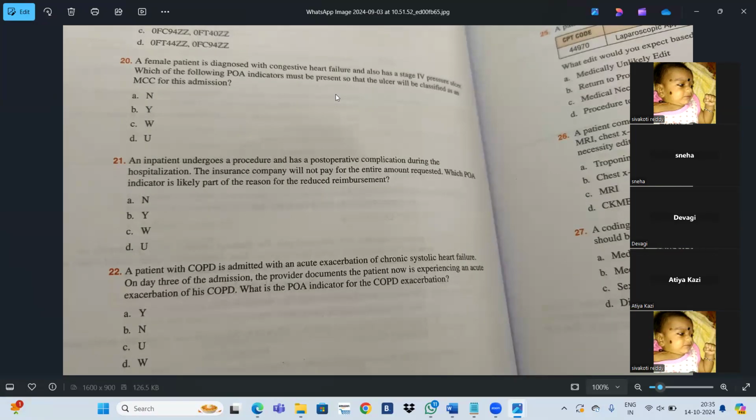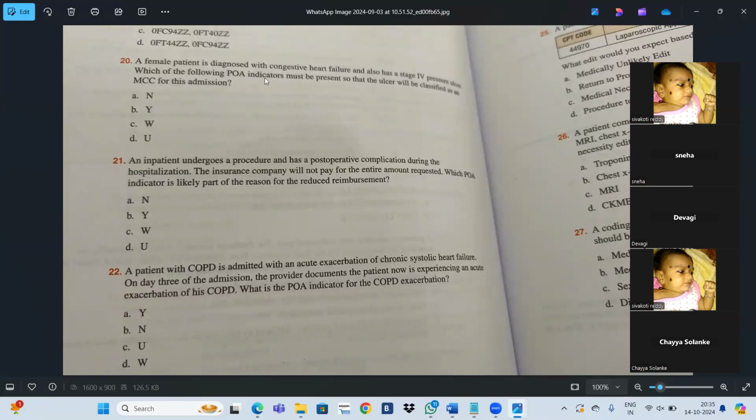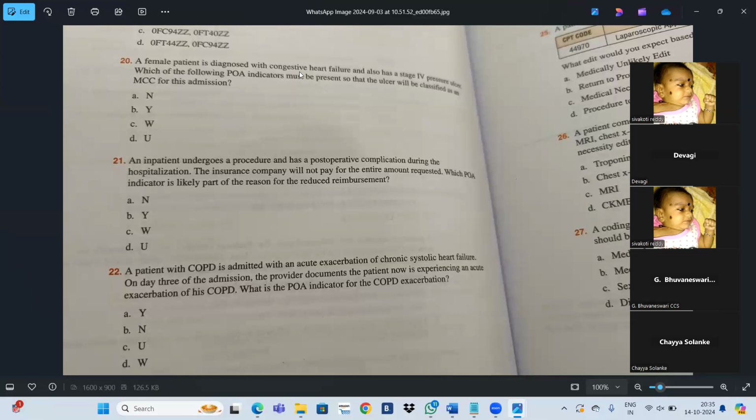If a female patient is diagnosed with congestive heart failure and also has a stage 4 ulcer, they are clearly saying the patient has both conditions. So Y indicator. Then tell me question 21.